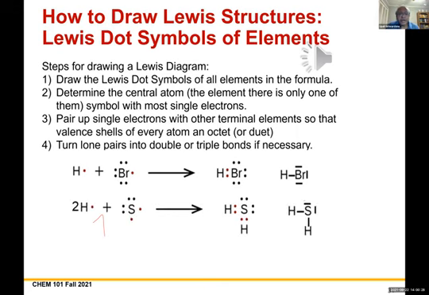Hydrogen sulfide has the formula H2S, 2 hydrogens and 1 sulfur. Hydrogen has 1 unpaired electron in the dot symbol, 2 unpaired electrons for sulfur in the dot symbol.